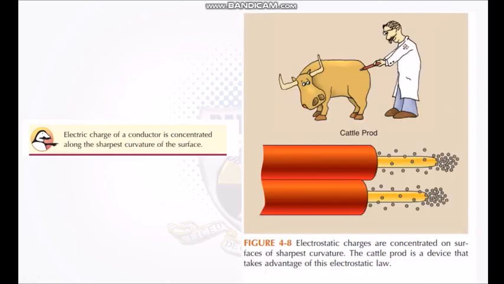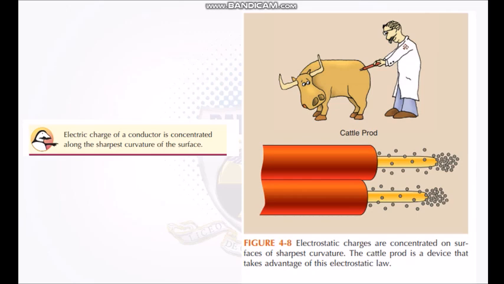The last: electric charge of a conductor is concentrated along the sharpest curvature of the surface. For example, you have a cathode rod, similar also to a taser. Electrostatic charges are concentrated on surfaces of the sharpest curvature. The cathode rod is a device that takes advantage of this electrostatic law, and a taser is similar.